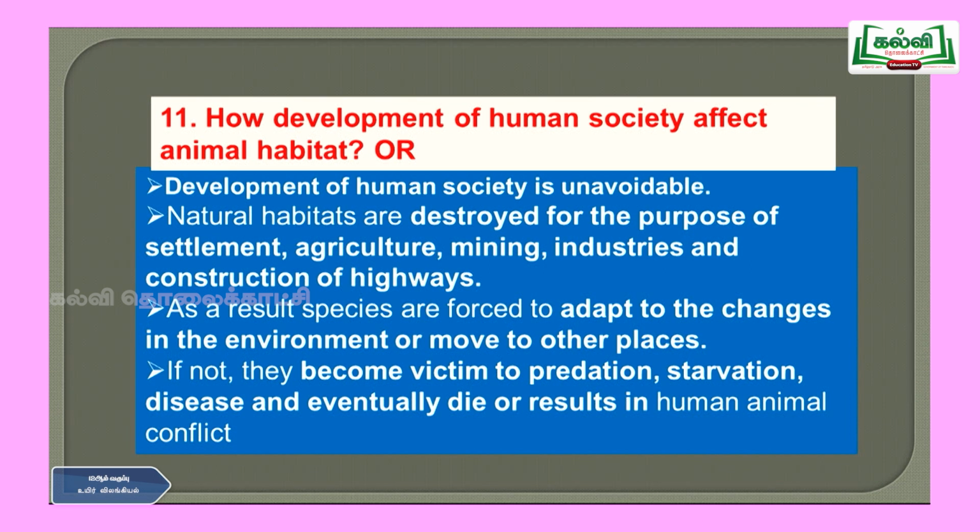If not, they become victim to predation, starvation, disease and eventually die, or it results in human-animal conflict. These are the consequences when human society develops in an abundant way, which will kill the animals or can lead to the extinction of the animal's habitat also.